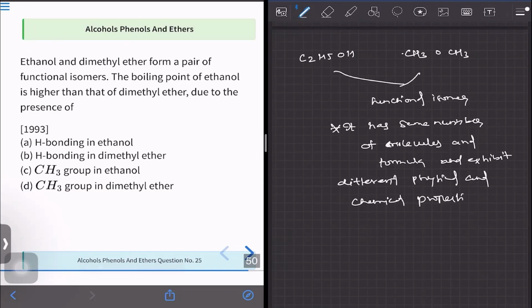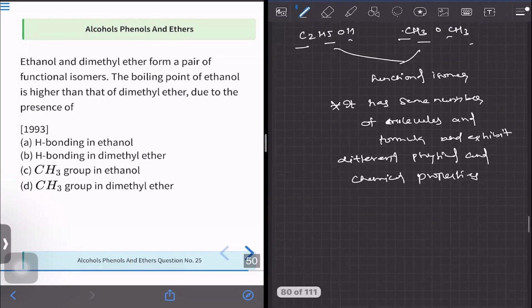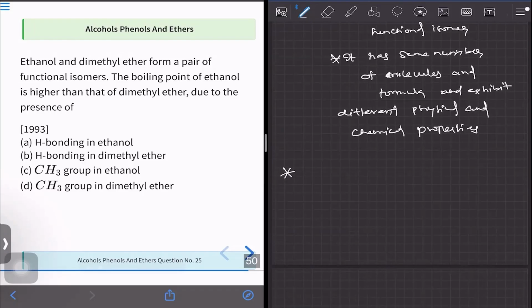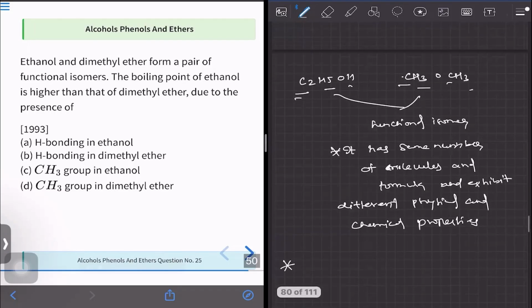See, it has two carbons, six hydrogens and one oxygen, and the other also has two carbons, six hydrogens and one oxygen. These two have the same number of carbon, hydrogen and oxygen. So they are functional isomers because one is an alcohol and one is an ether.